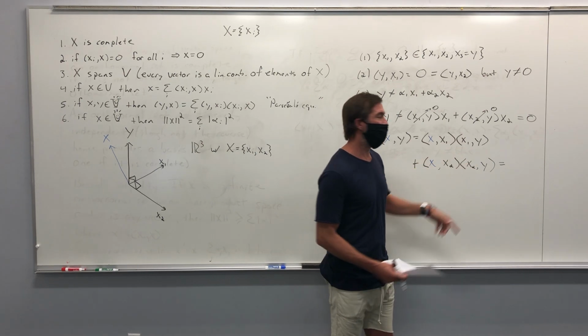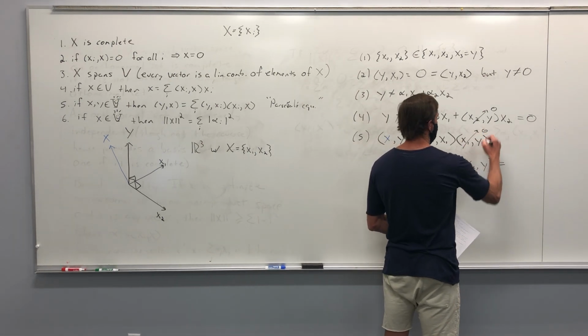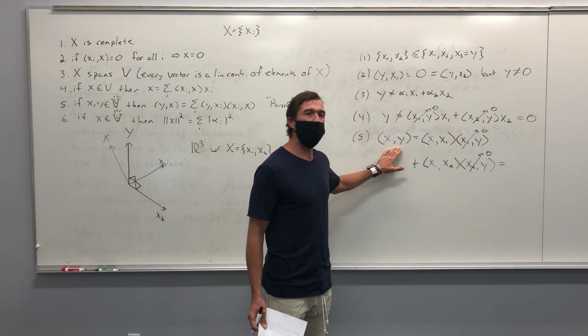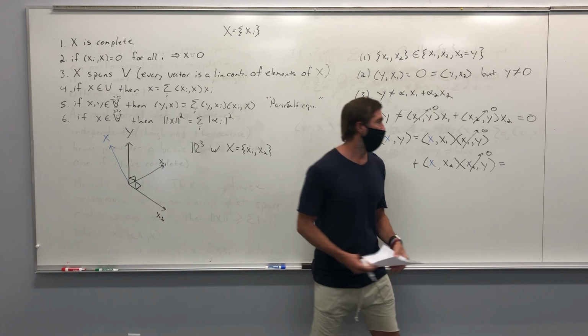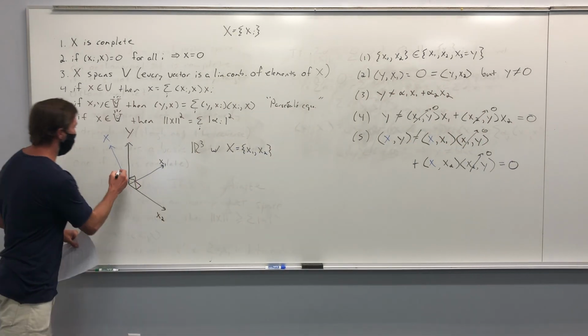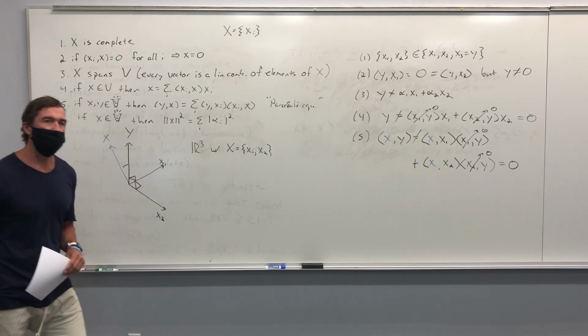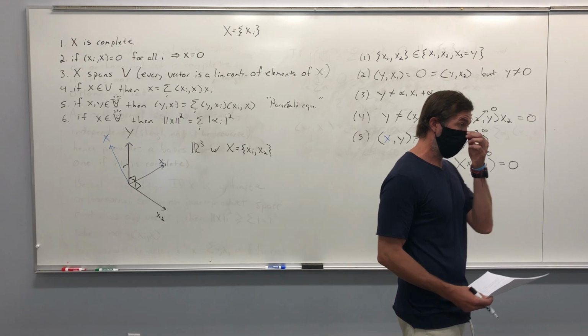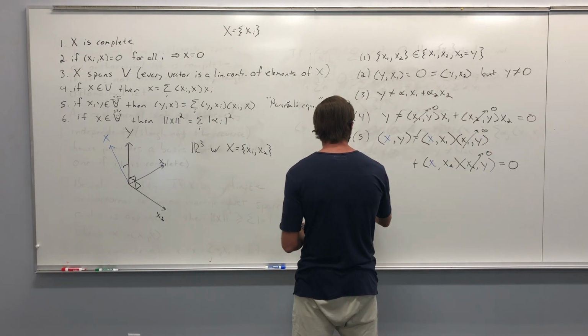This is 0. But is the inner product of x and y equal to 0? Oh, no. I mean, this is just some arbitrary angle that's not 90 degrees. Okay? Everybody follow? All right, and then last but not least, 6.